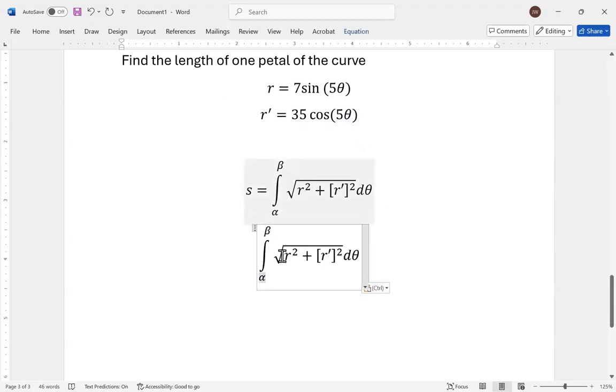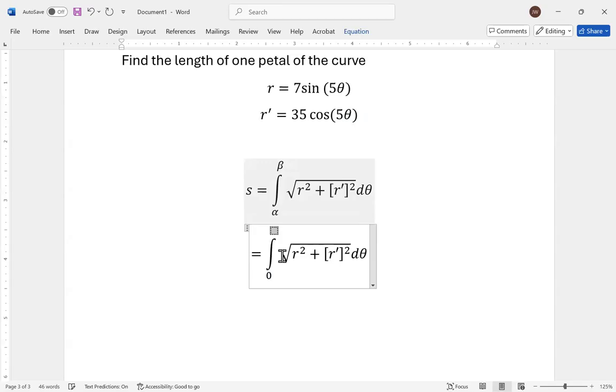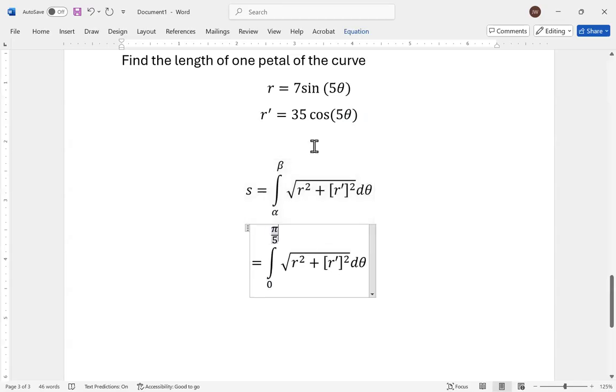Like I said just a second ago, if I want to do the first loop, it's from 0 to pi over 5. You could figure that out algebraically as well, by setting r equal to 0.